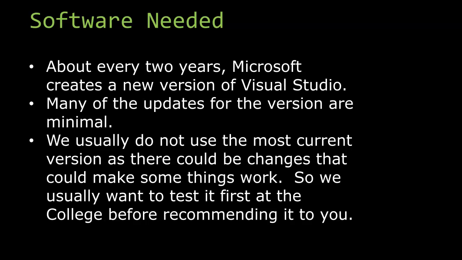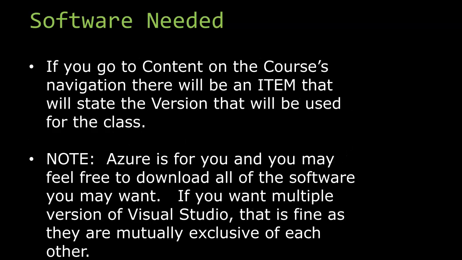We'll update the version we use based upon staying with them as they go through. We very rarely use the latest version because we have not tested it and made sure that it works the way we want it to work as we're teaching you how to program. So we basically will test the versions and then we'll finally go to that version and have you download that version.